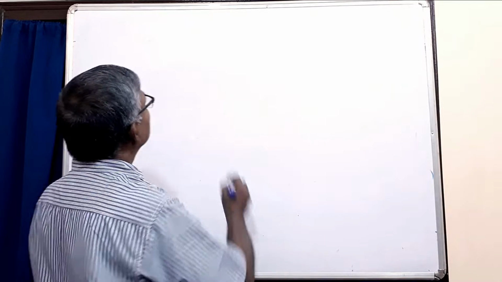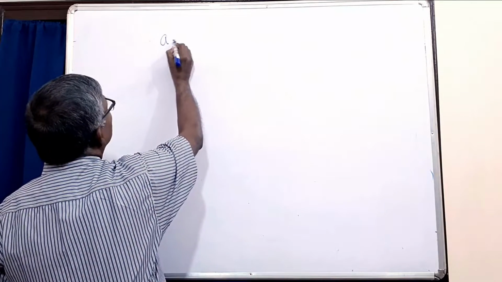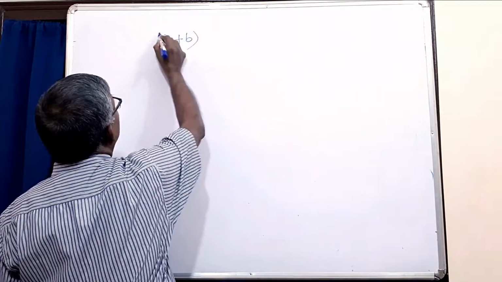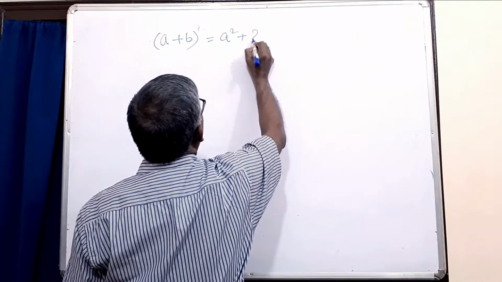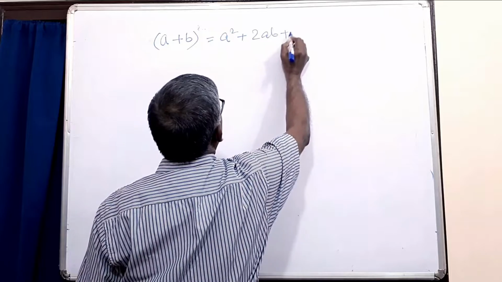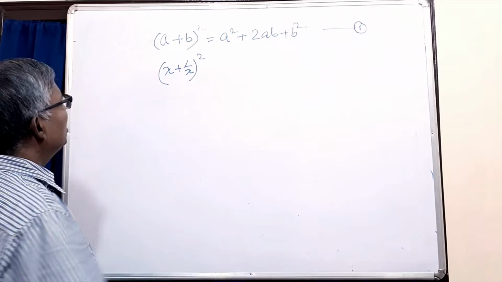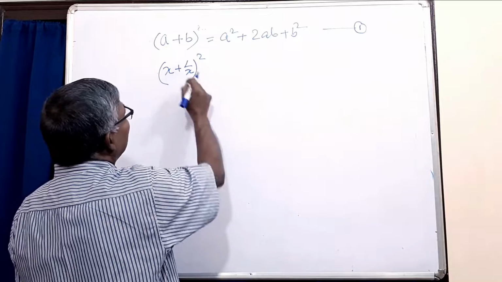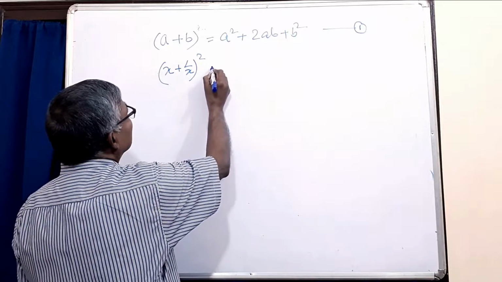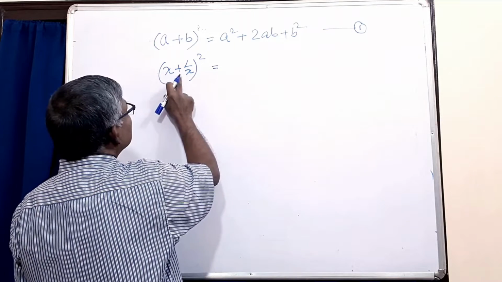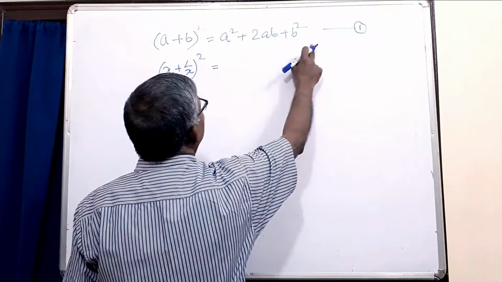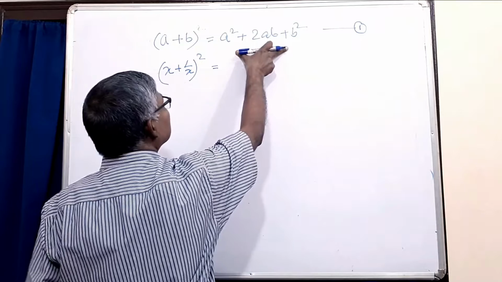You have learned a plus b whole square equals a square plus 2ab plus b square. What would be the value of x plus 1 by x whole square? You simply take x as a and put it in terms of this expression.